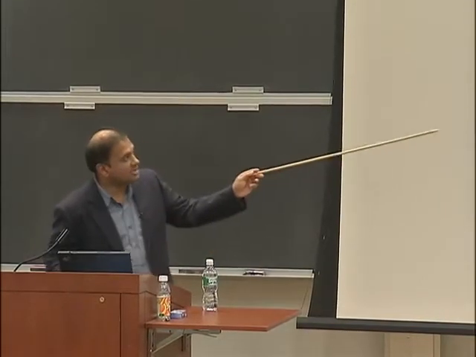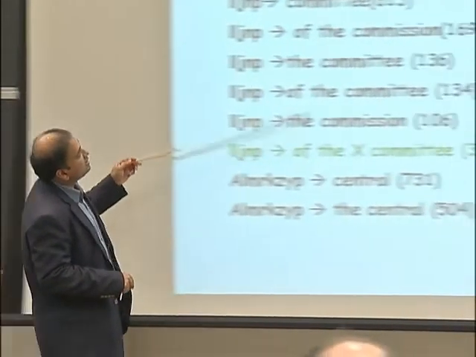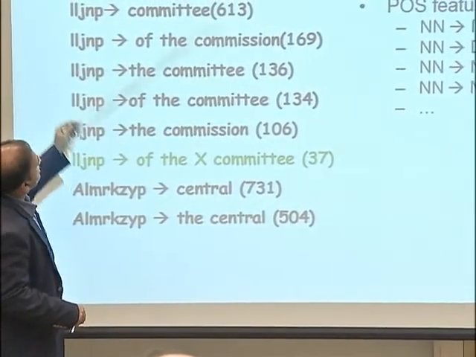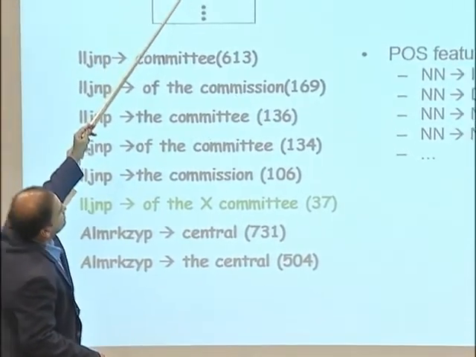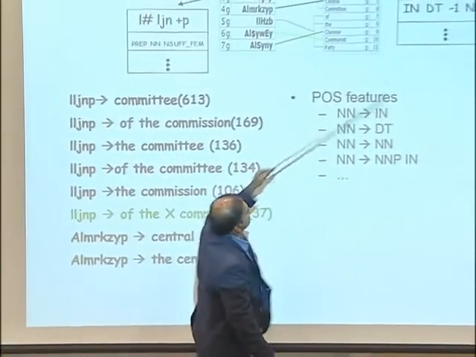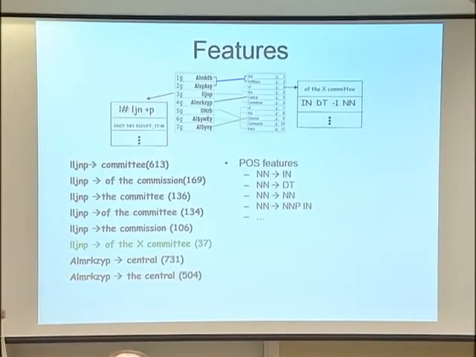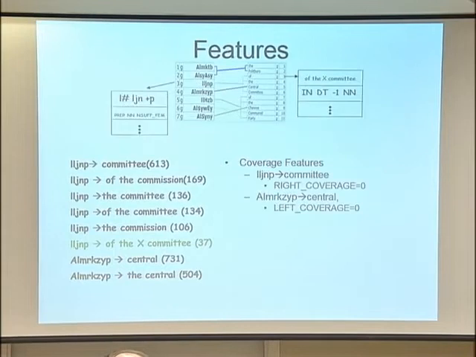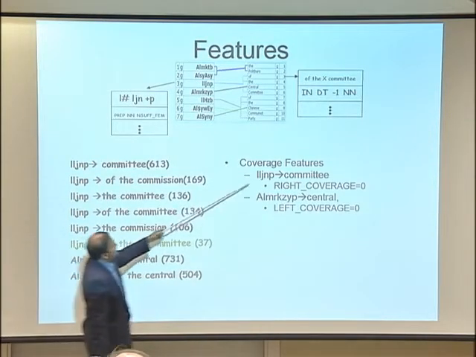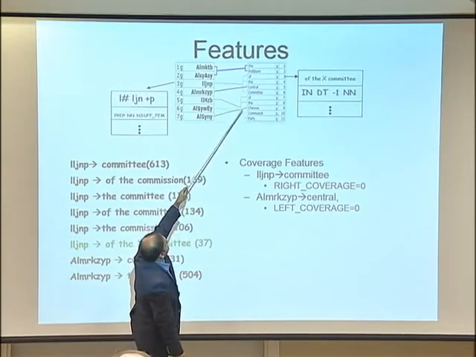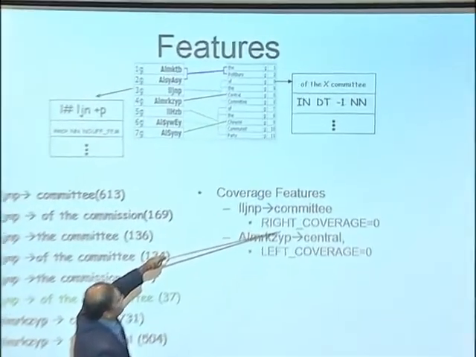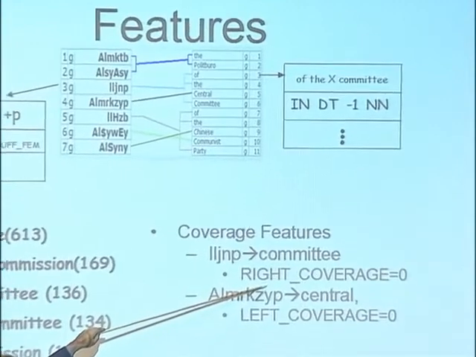Okay, so some part of speech features. So here, this NN is producing in on the target side, and NN is producing DT and so on. Okay? Coverage type features. So LLJNP is producing committee when the right word has been covered, yes or no, right, and so on.